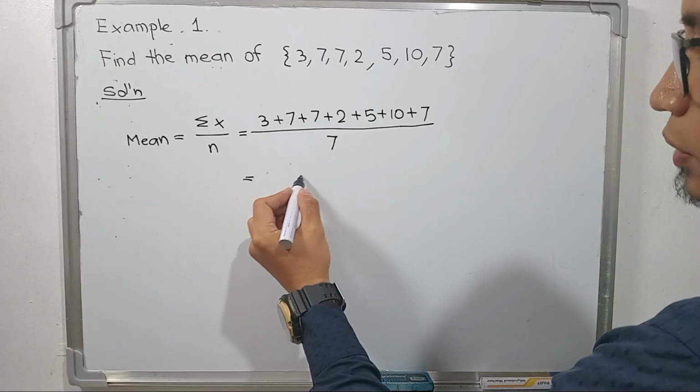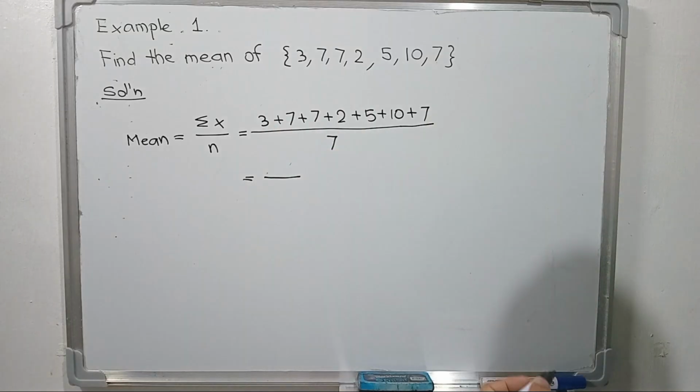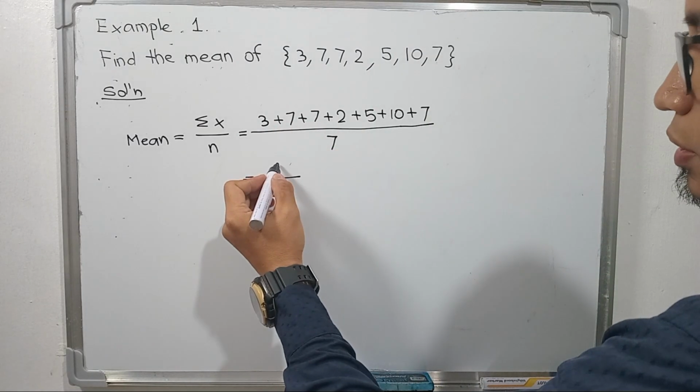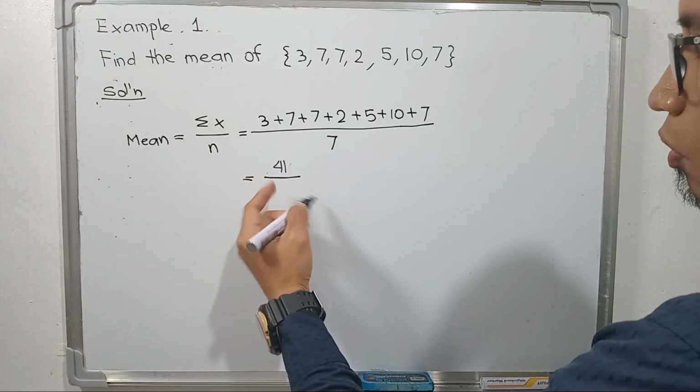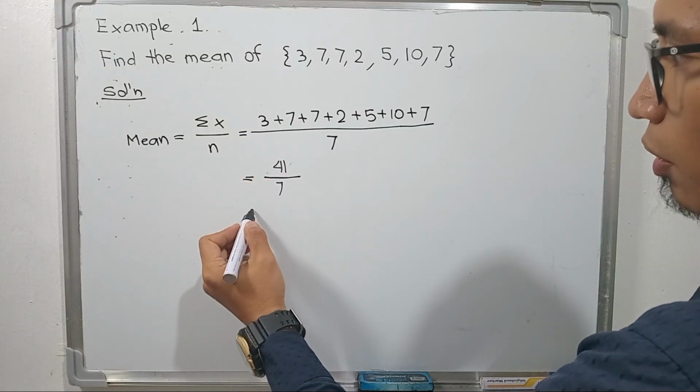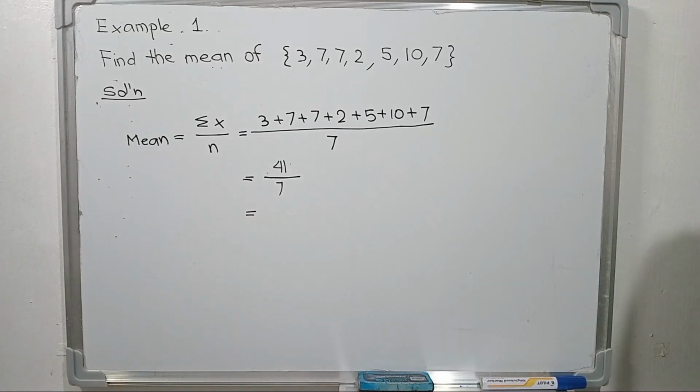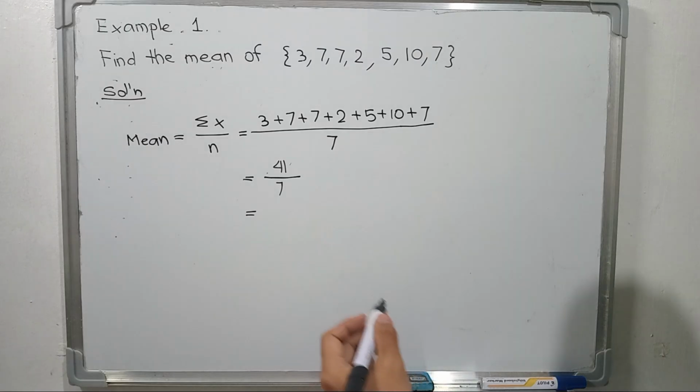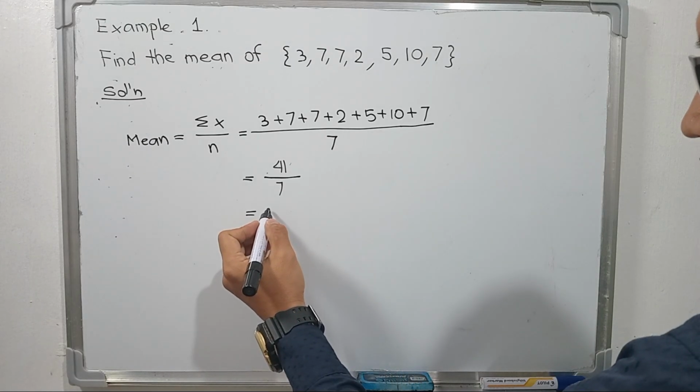In the numerator, we simply add all of these values and we get the answer 41 over 7. 41 over 7 means 41 divided by 7, and the answer has a lot of decimals in it.